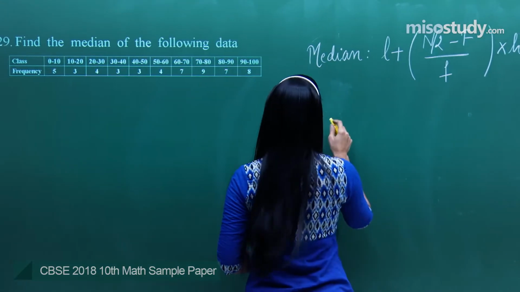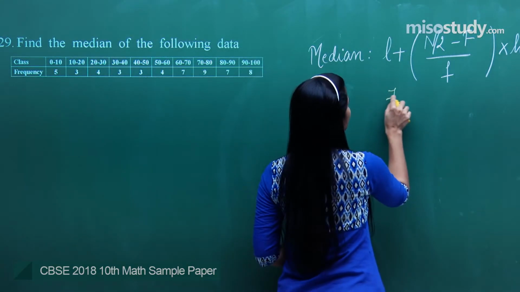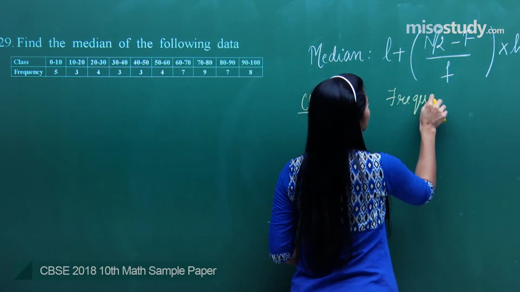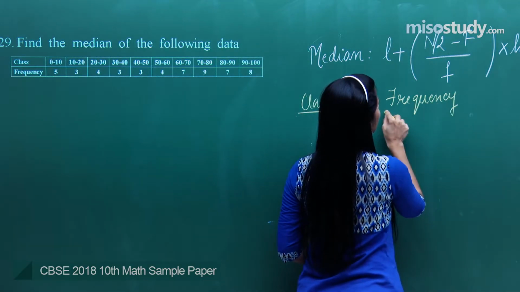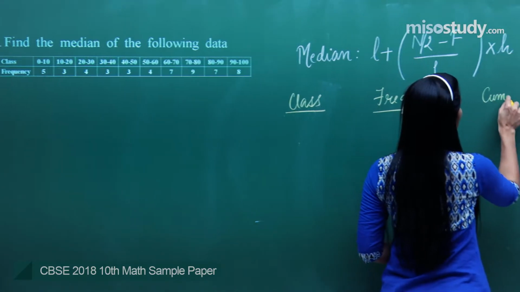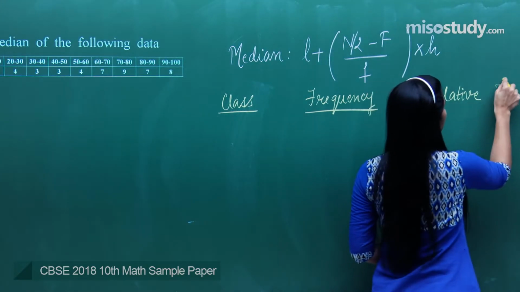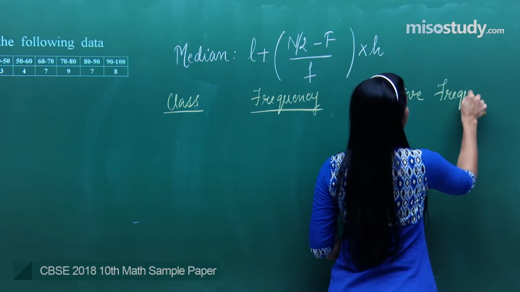Now over here you have your class, then you are given your frequencies. There is another column which we always make, which is cumulative frequency.